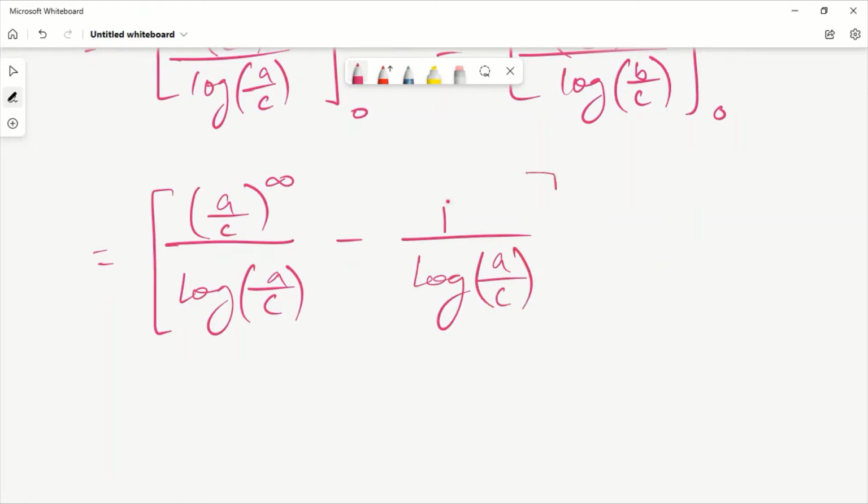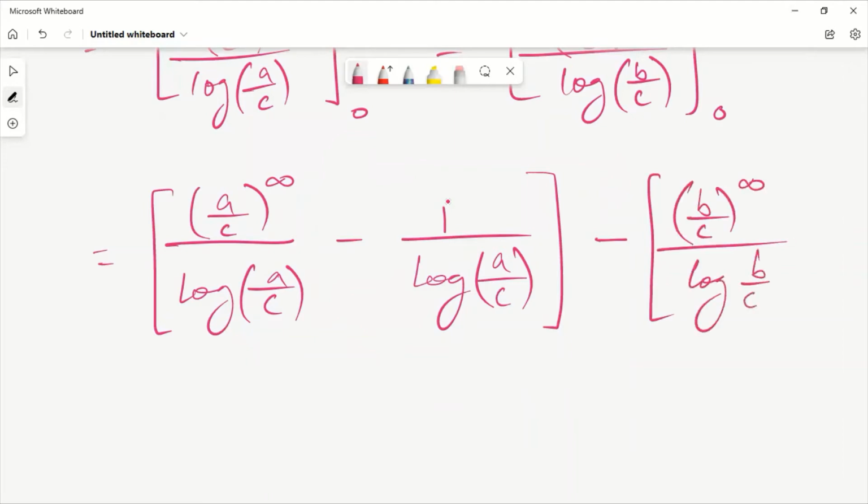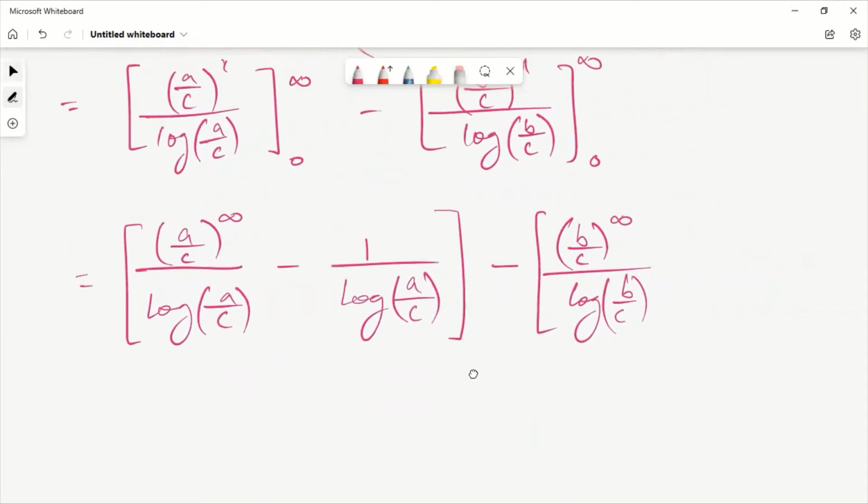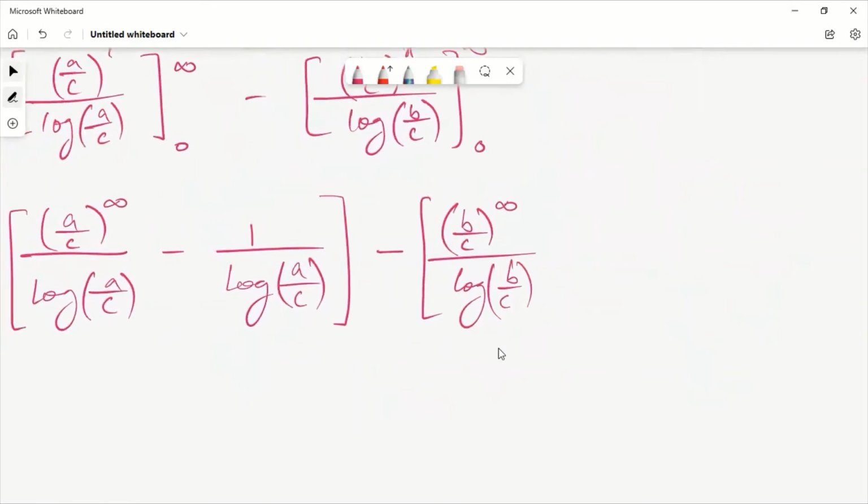Next you will take minus (b by c) whole power infinity by log (b by c), and this minus, there will be power 0 here, that will become 1 by log (b by c).